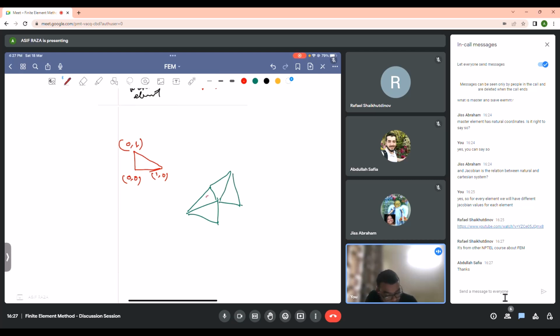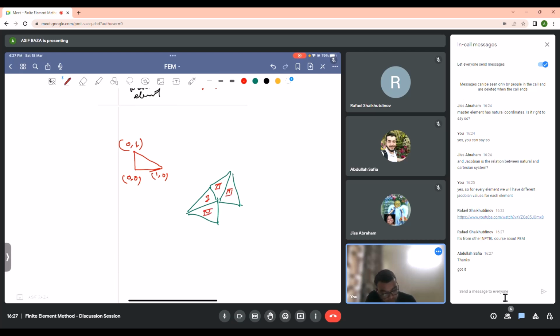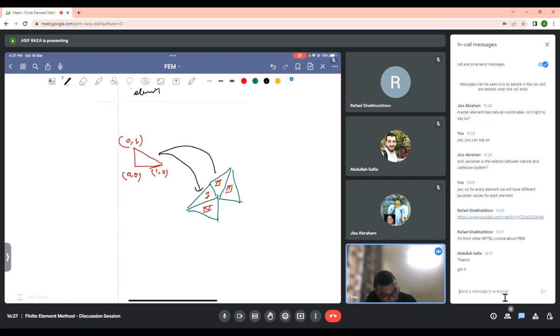So say this is element 1, element 2, element 3, element 4, with a linear map attached to all of this. So the Jacobian for all these elements, say J1, J2, J3, J4.